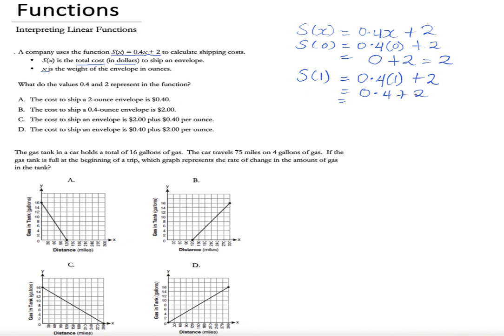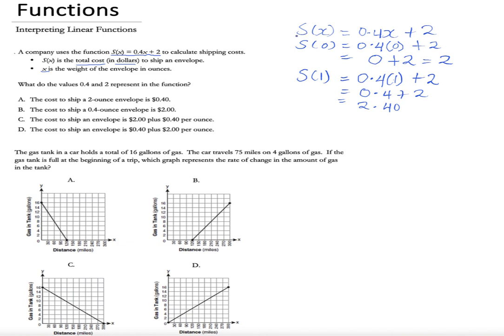If you add 2 to 0.4, like adding 40 cents to $2, you get $2.40. So notice as the weight of the envelope increases, so does the cost. It looks like the starting cost to mail the envelope is $2.